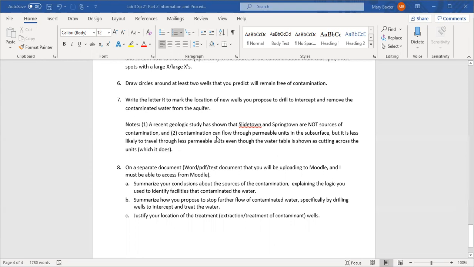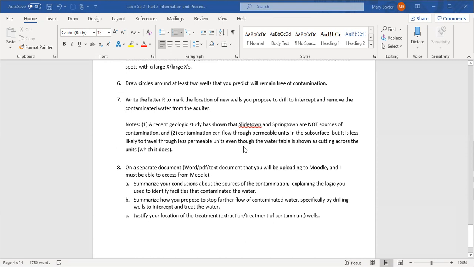And secondly, the contamination can flow through permeable units in the subsurface, but it is less likely to travel through less permeable units, even though the water table is shown as cutting across the units, which it does. Limestone and sandstone, a lot of times, unless the sandstone is really heavily cemented, are relatively porous, so you can get transmission of water and water with contaminant in it.